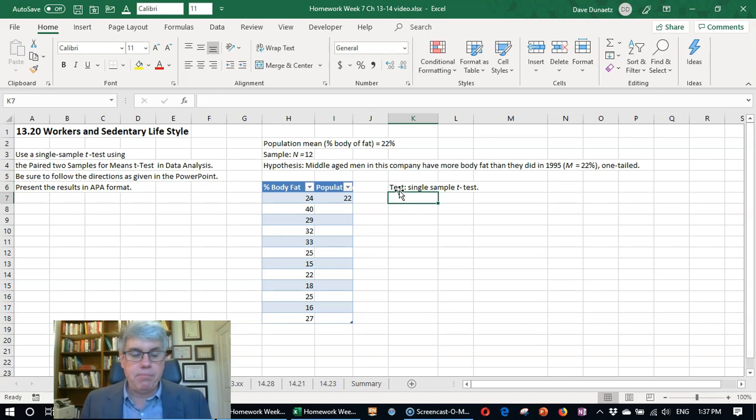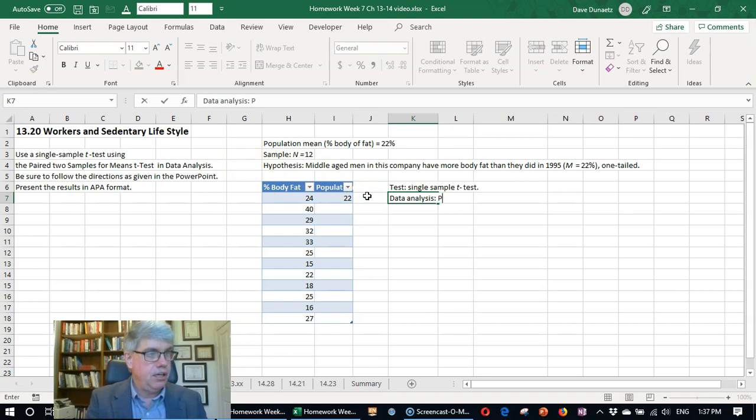But there's no single sample t-test in Excel. So what we're going to use in data analysis is the paired two sample t-test for means. And we've got to have this second column in here. Mathematically, this is the easiest test to do.